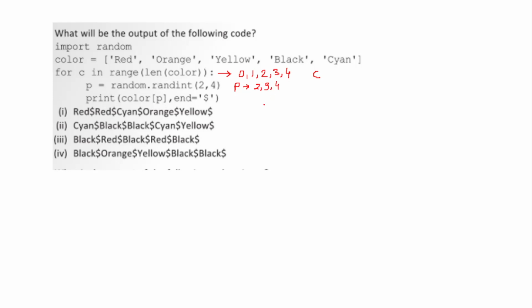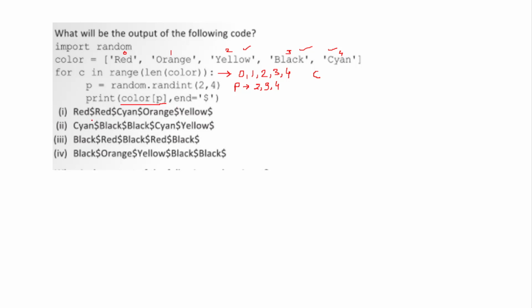Now let us put the index here 0, 1, 2, 3 and 4. For output we have color P, that means color 2, color 3 or color 4. That means yellow, black and cyan. Only these three are the legal values. Other values are not possible.